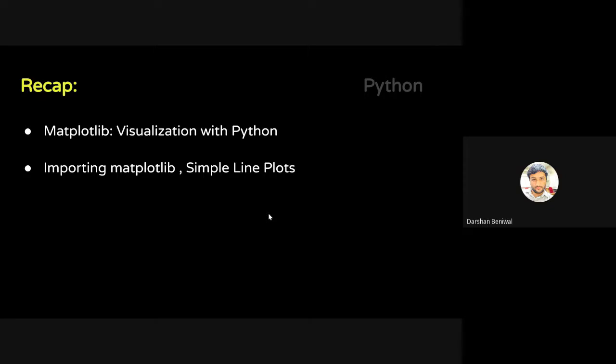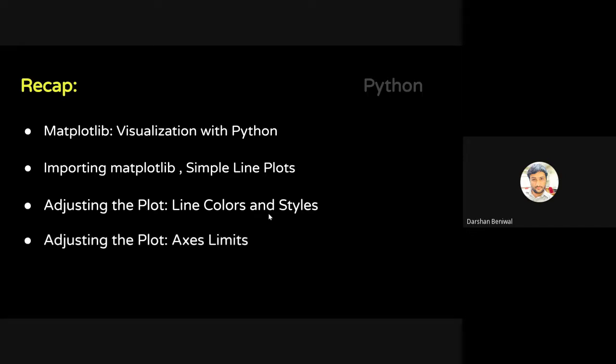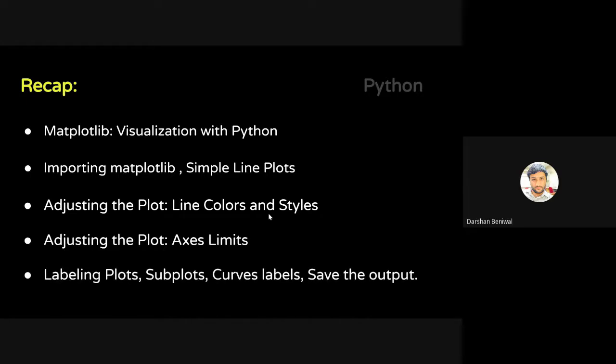We started with importing the library, discussed how to change the color and style of the plot, how to adjust the plot axis limits, did some labeling of plots, and also learned how we can save the plot.